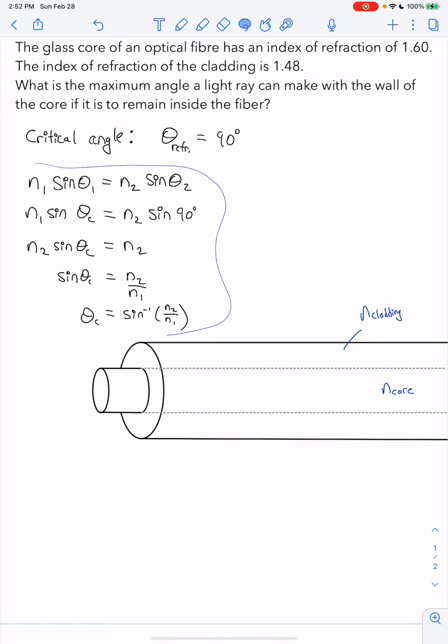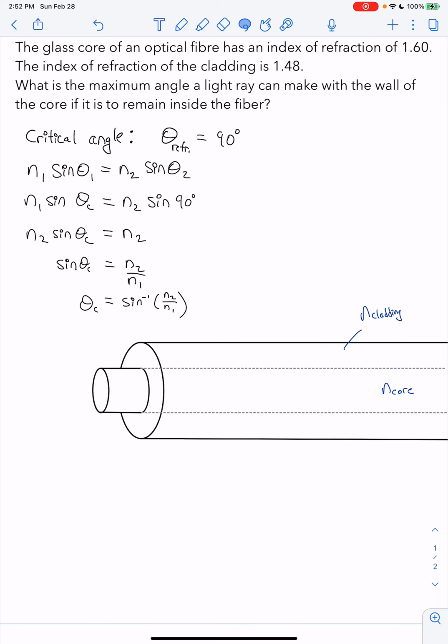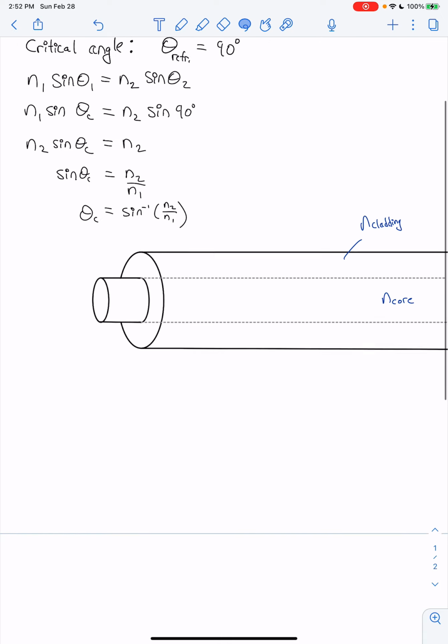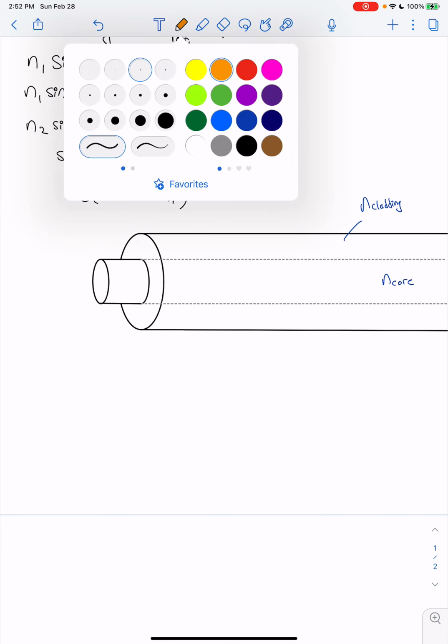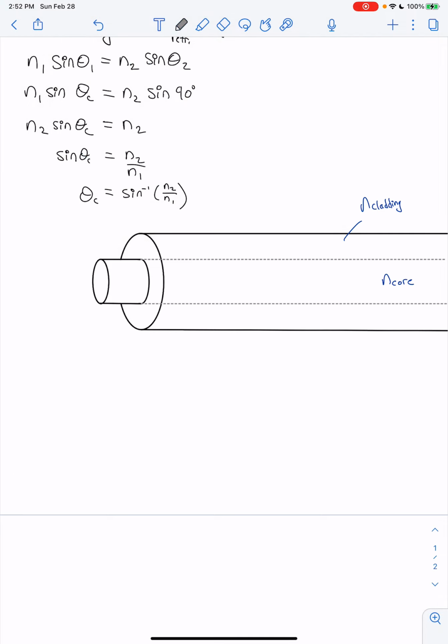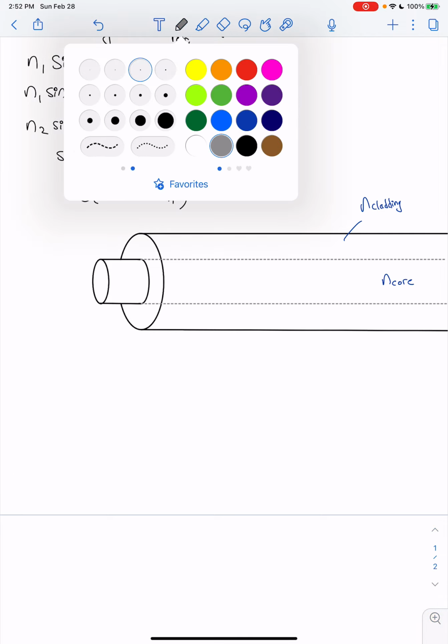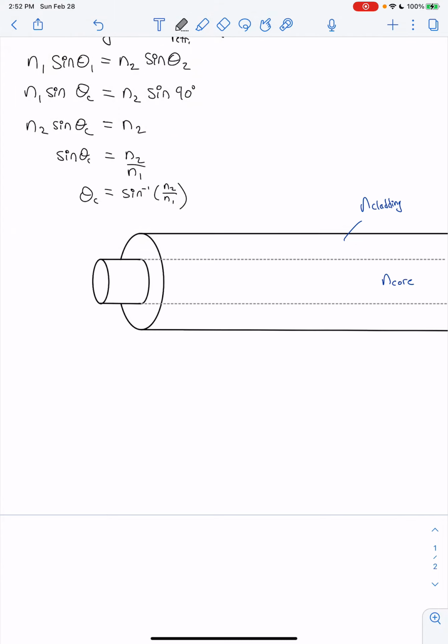I'm just going to move this up just a little bit to give us a bit of room. So in our problem, we have some light ray, and maybe I'll draw a normal for reference. And we'll do that in gray and maybe dotted. Okay, so let's just draw some reference here.